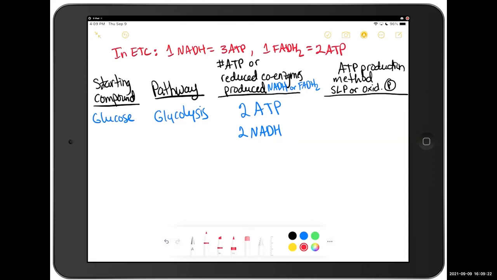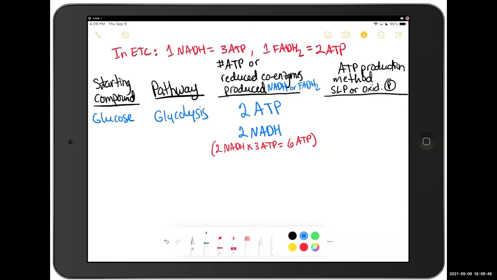So if we do the math, these two NADH, when we multiply by 3 ATP, will eventually generate how much ATP? 6. 6 ATP in the electron transport chain.